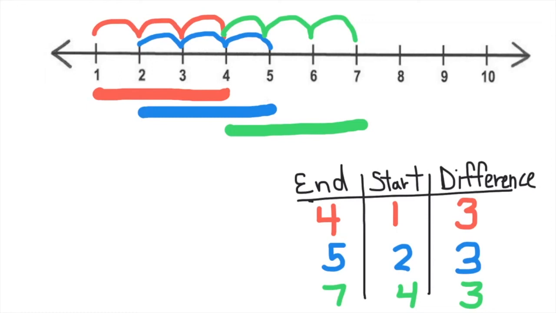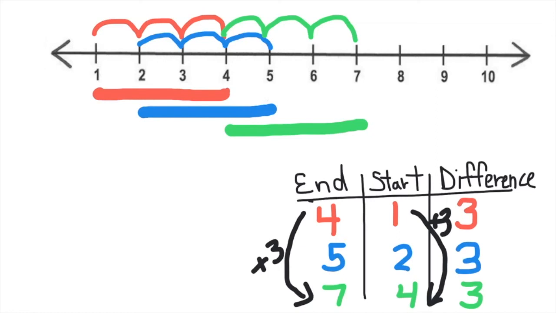So what's really interesting is students will start to notice, because you've asked them, to take a look at the relationship between the red equation and the green equation. What's happening? What do you notice? What's that relationship? Oh, we've actually increased the ending point by 3 and the starting point by 3.